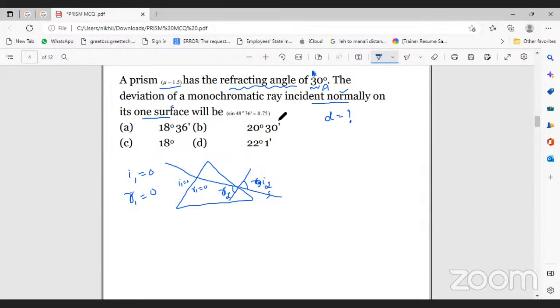Now, for this case, what is the formula for deviation? It is not minimum deviation, it is normal deviation.